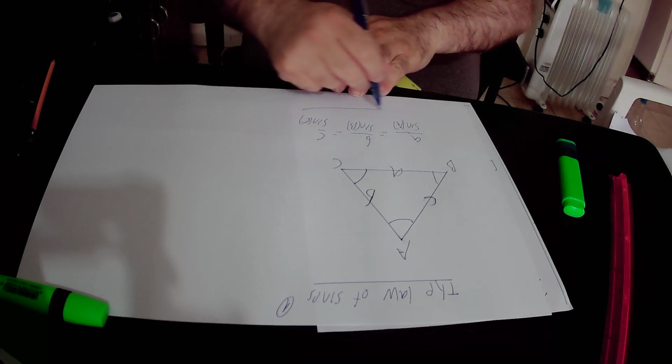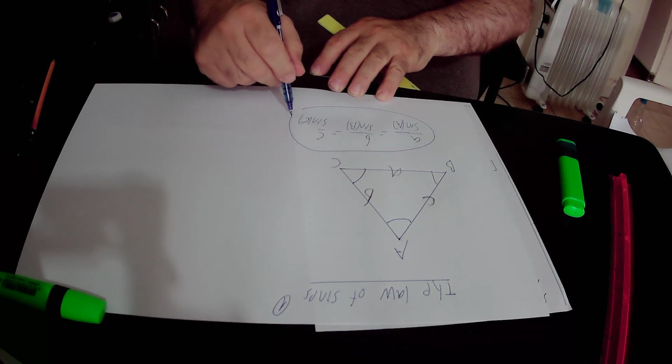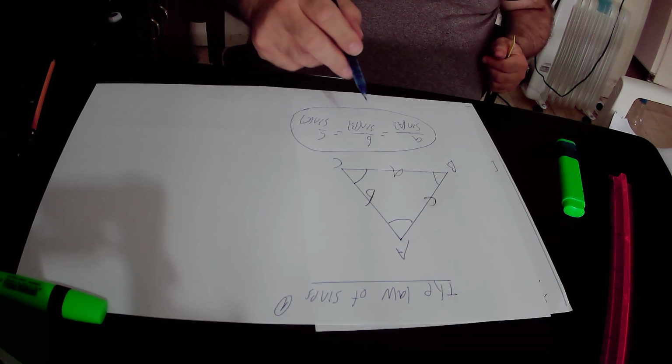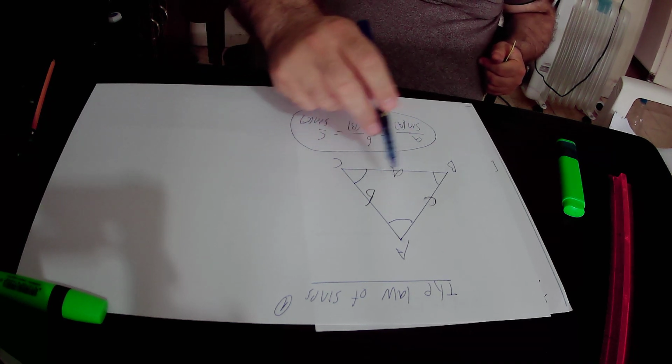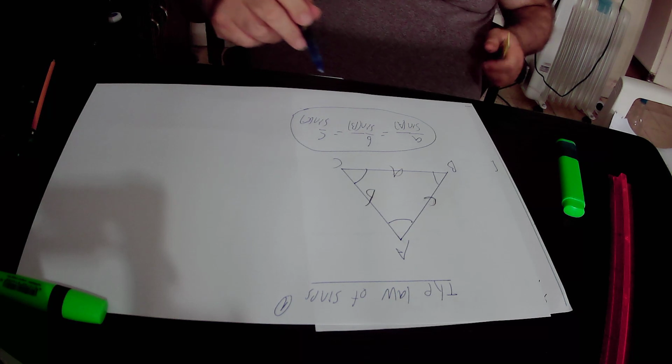So in any triangle, A over sine A equals B over sine B equals C over sine C.